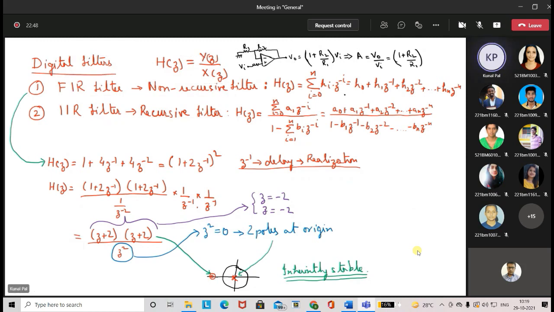Now coming to the transfer function of the FIR filter. In general, the transfer function of an FIR filter is given by H(z) equals the summation of i equals 0 to n of h_i z to the power minus i.